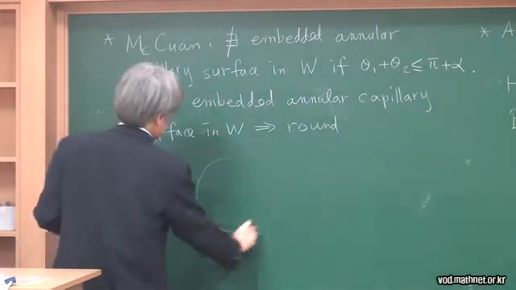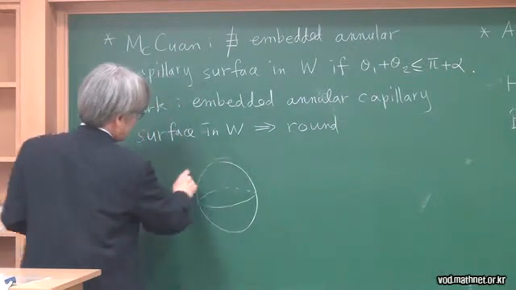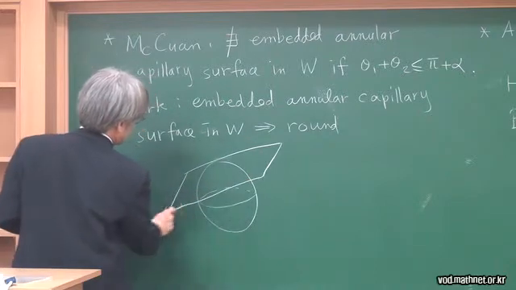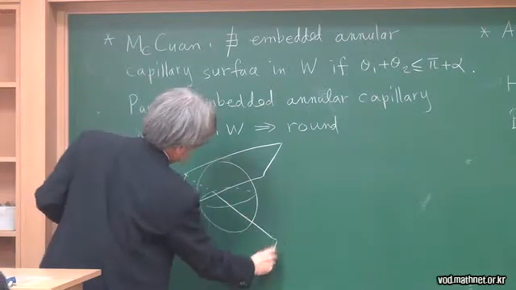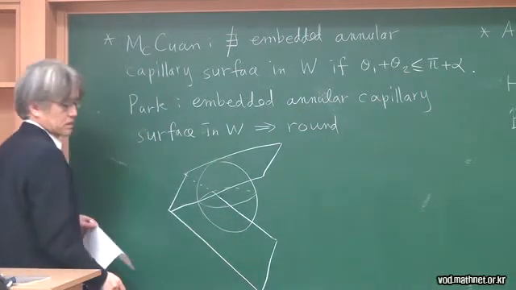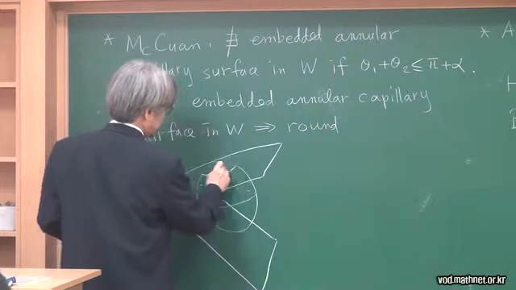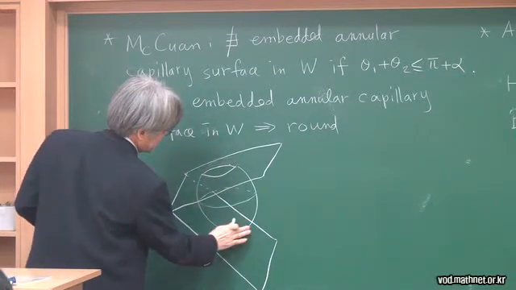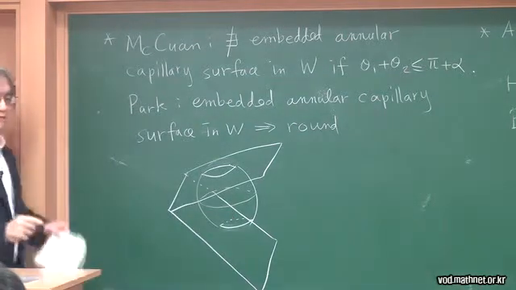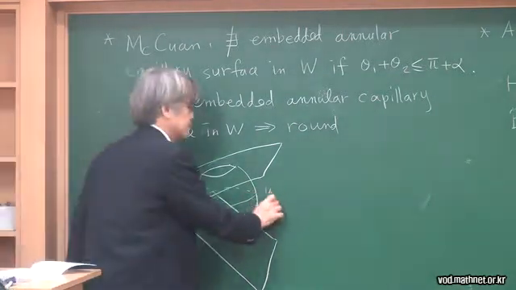So consider a round sphere and cut it by the wedge, then you obtain this part of the sphere lying in this wedge W. Okay?